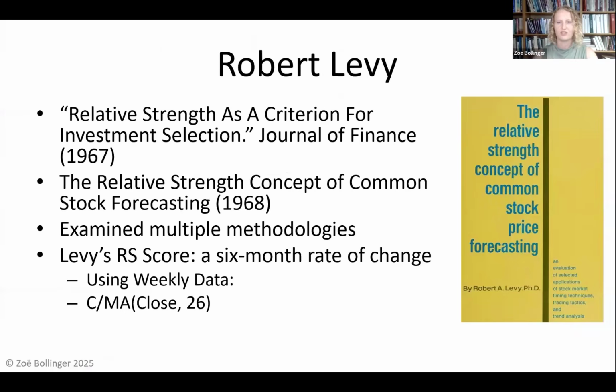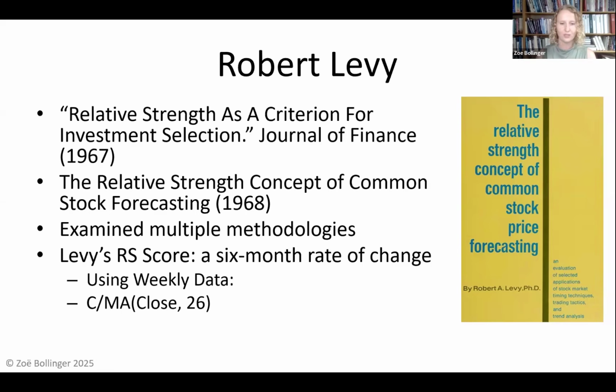Robert Levy's approach is the first one that we're going to end up looking at in testing after this. He wrote Relative Strength as a Criteria for Investment Selection in 1967. And he wrote another piece, The Relative Strength Concept of Common Stock Forecasting, in 1968. He goes through a number of different methodologies in his writing, but ends up settling on an RS score that is basically a pretty simple 6-month rate of change using weekly data.